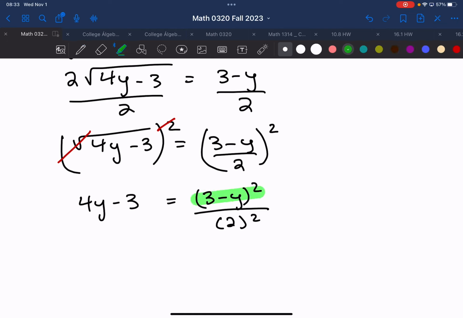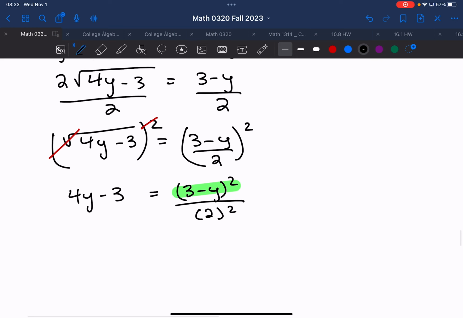This part here is telling us to do what with that parenthesis? Write it how many times? 2 times. And once we write it 2 times, then we will FOIL. So I'm going to write it off to the side. So this is 3 minus y, 3 minus y, and we're going to FOIL this.